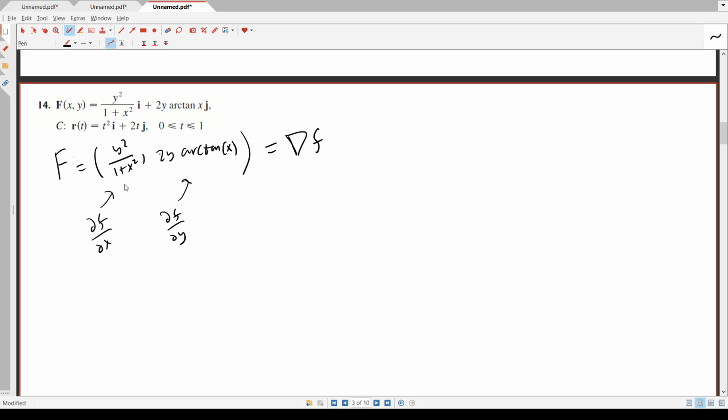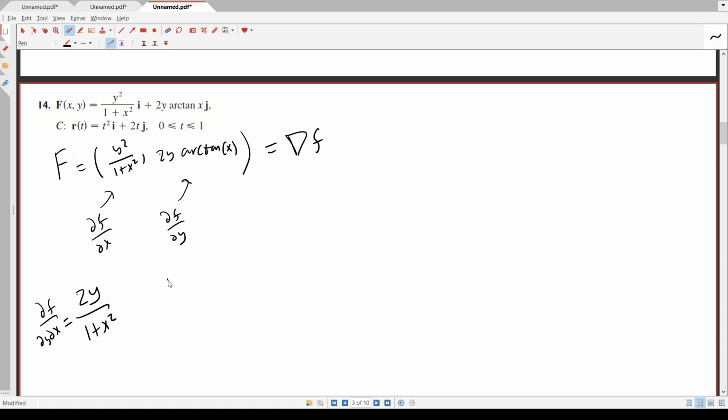And then I do the y derivative of the x derivative. So that's going to be 2y over 1 plus x squared. So that's df dy dx.